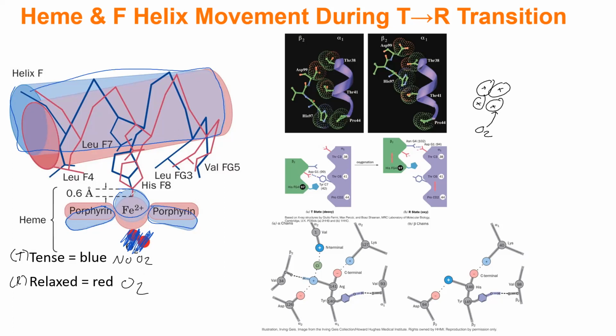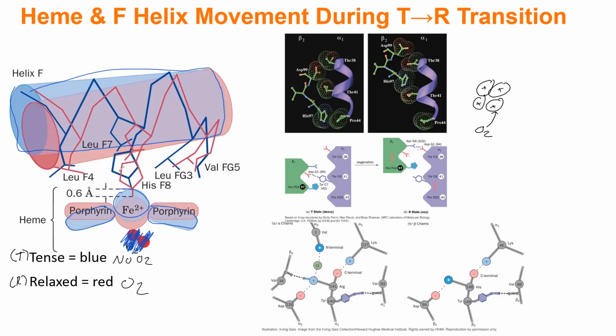Right now, the iron in our heme ring is out of the plane of our porphyrin ring. The porphyrin ring, if you remember, is just like a bunch of histidines. They're not histidines, they have been modified, but they look like histidines. So it's like a net, and in the middle of this net is your iron. When you don't have oxygen bound, when you're in the tense state, the iron is a little bit popped out of that net.